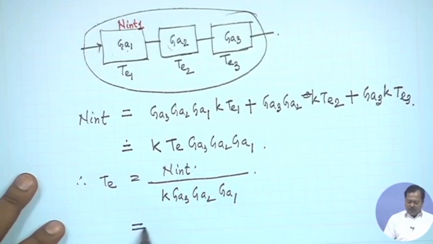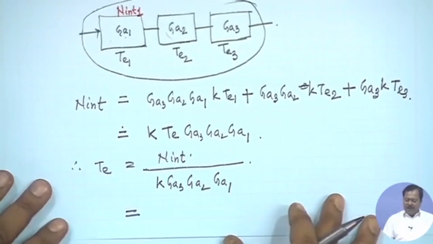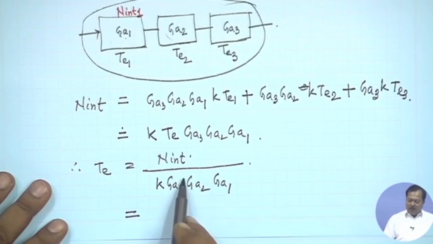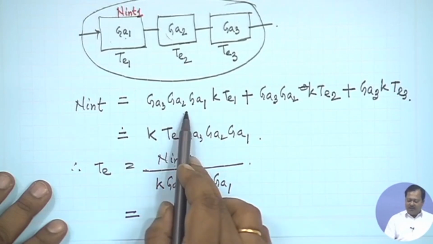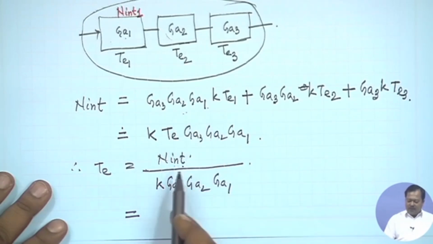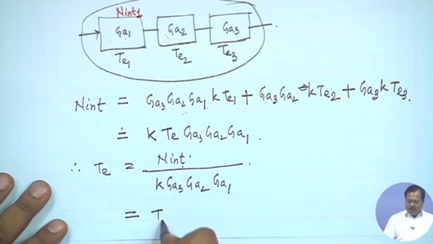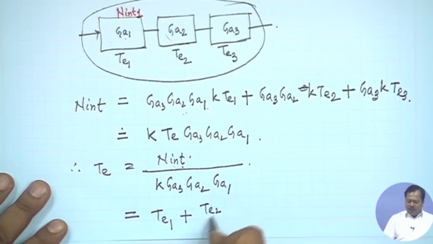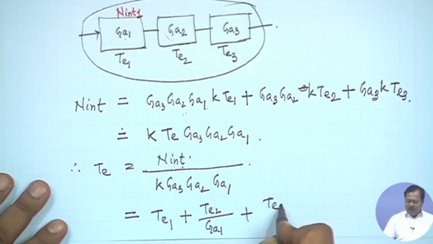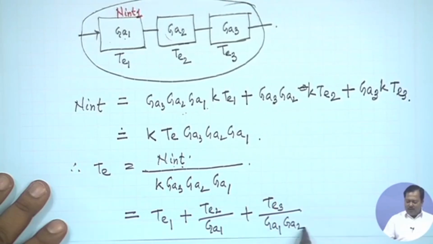In terms of the individual noise temperatures, we can also express it. You just put in the value of N internal that we obtained in the first equation. So it becomes TE1 plus TE2 divided by GA1, plus TE3 divided by GA1 GA2.